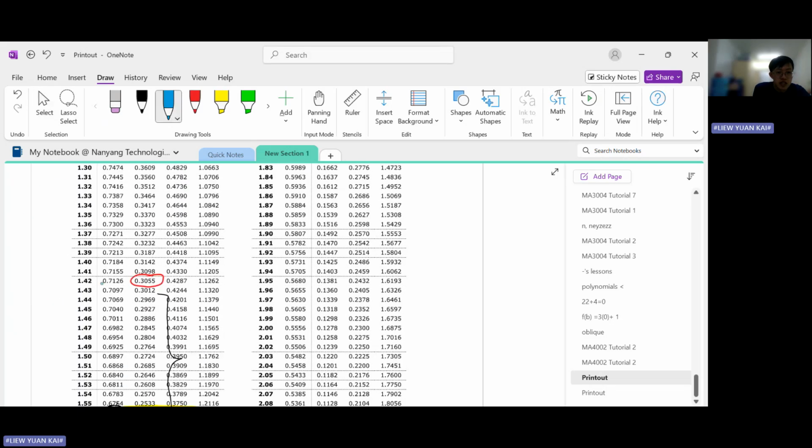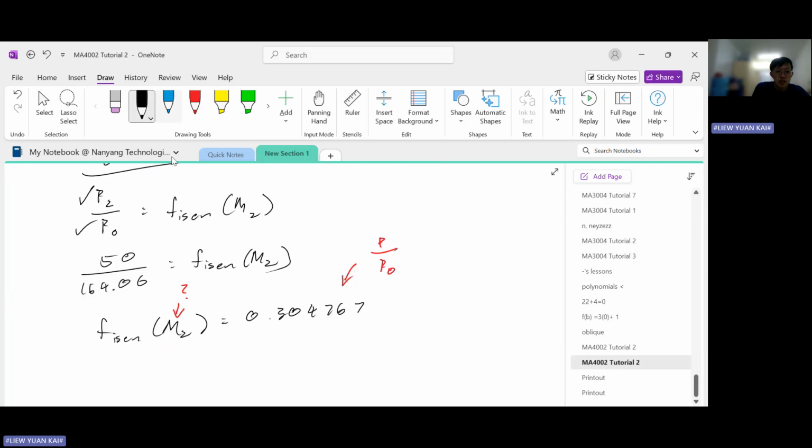And it happens to be this entry. So this is the closest that you can get. Now you look at its corresponding Mach number value: 1.42. So therefore, we can conclude that the Mach number at point 2 is about 1.42. And this is surprisingly accurate to the flow function version.